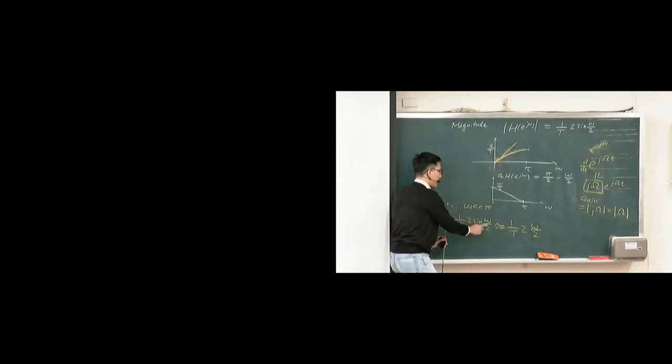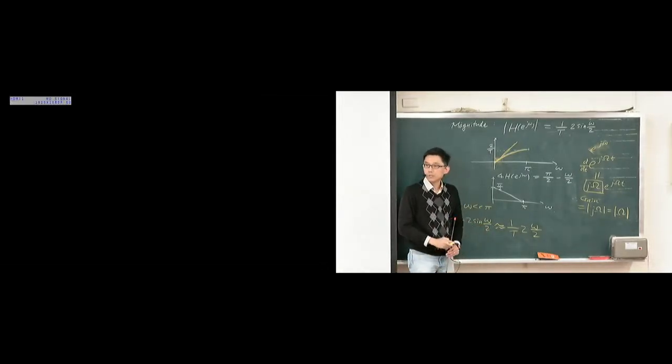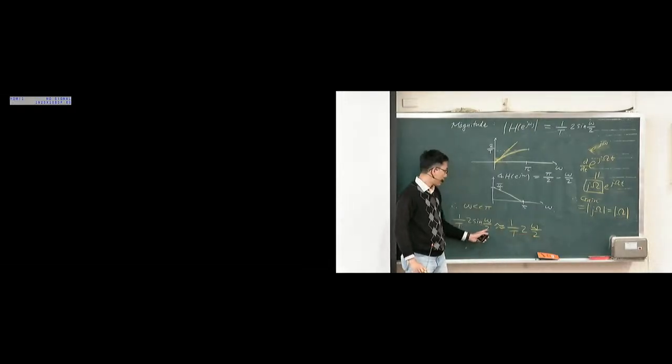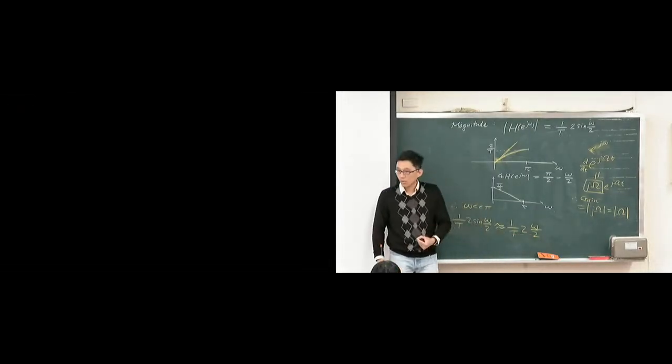Therefore, when omega is much less than pi, at small frequency, then 1 over T times 2 sine of omega divided by 2 is approximately 1 over T times 2 times omega divided by 2. Because when omega is small, sine of it is approximately the angle itself. Sine theta approaches theta when theta is small, right?